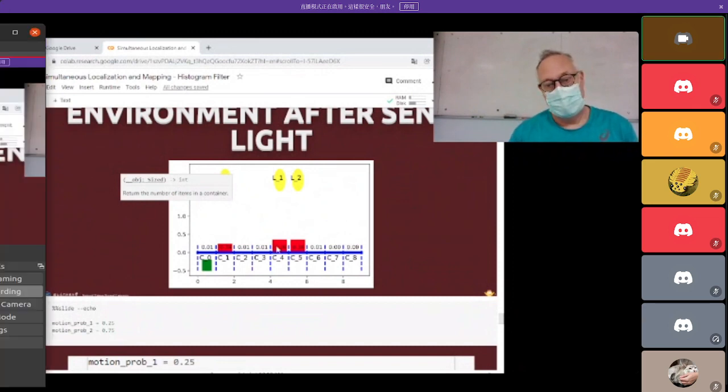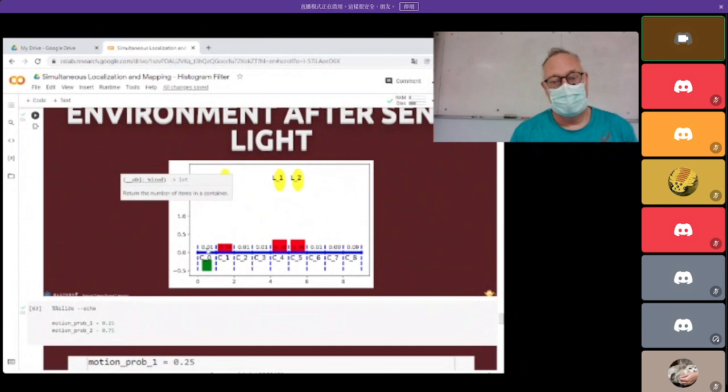Then we would have 2 or 3, depending on how you want to count it. Doesn't really matter right now. The fact is more than one. So in this kind of environment, we could not apply a Kalman filter to it. We will get a very poor result. Even if you use an extended Kalman filter or an unscented Kalman filter, none of those are going to be helpful in this world, in this environment.